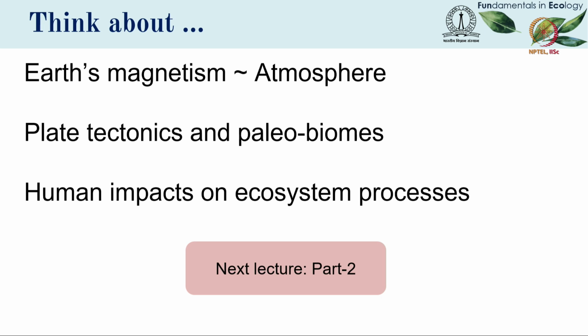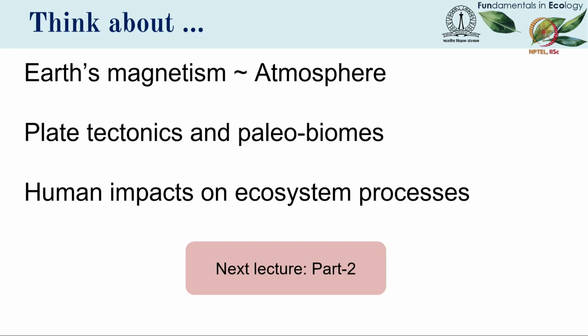Some things that you can think about between now and the second lecture is, what's the role of Earth's magnetism in creating the atmospheric conditions that we experience today, and also in paleo times, which means what was the role of Earth's magnetism in the paleo atmosphere. And also think about plate tectonics and how the continents move around the Earth's crust and how that would have affected paleobiomes several million years ago.